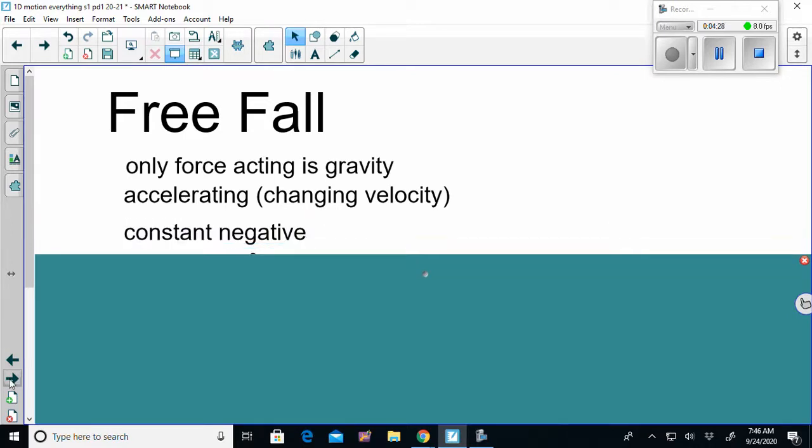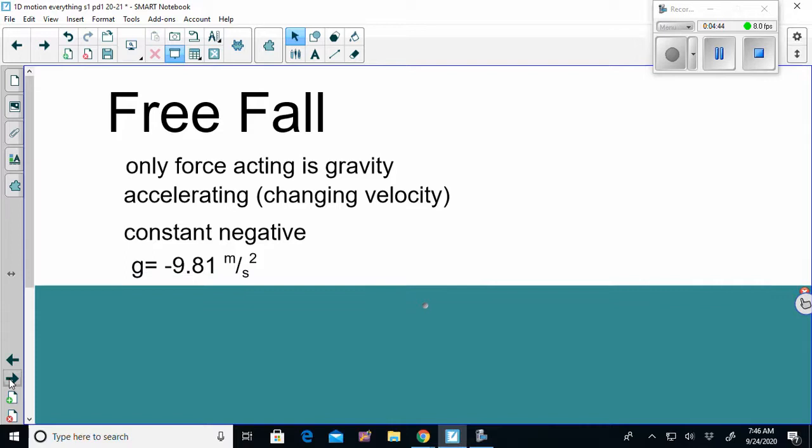That acceleration is constant and negative. Okay? The acceleration is constant and negative. It's so special, it gets its own letter, little g.